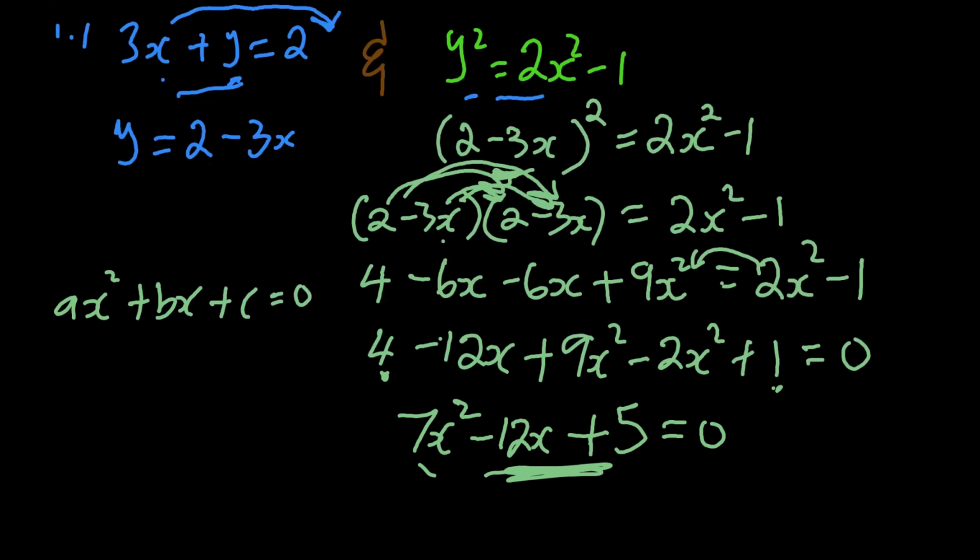You see the 7 here stands for A, then B is minus 12, then C is 5. So A is equal to 7, B is equal to minus 12, and C is equal to 5.